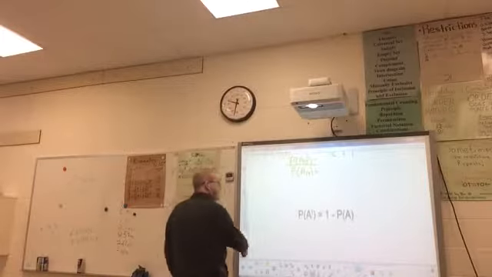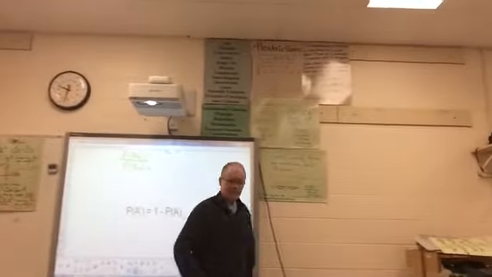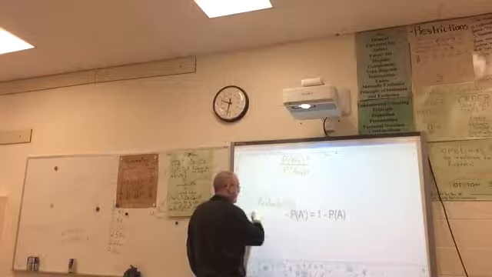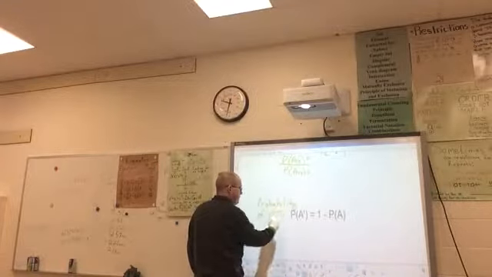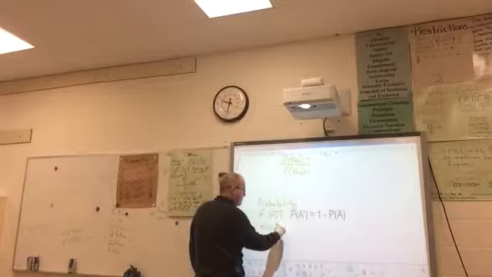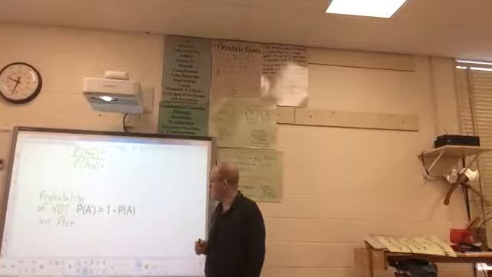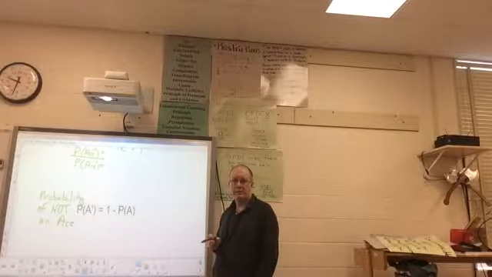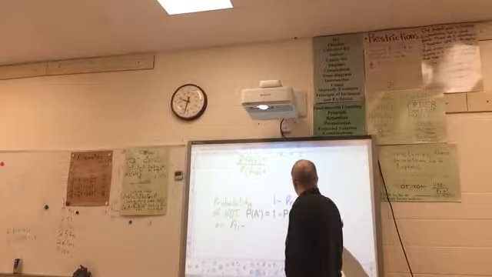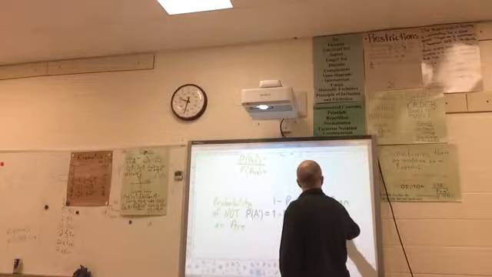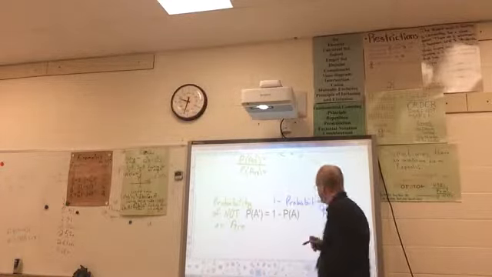Now, as an aside, notice down here, this is the probability of not an ace, which equals 1 minus the probability of an ace.